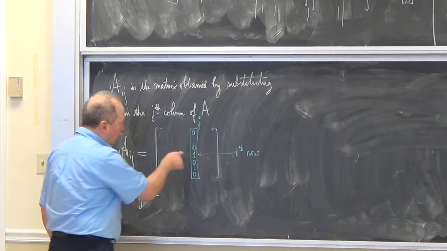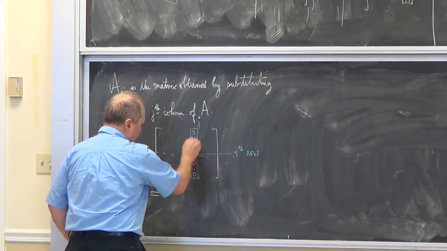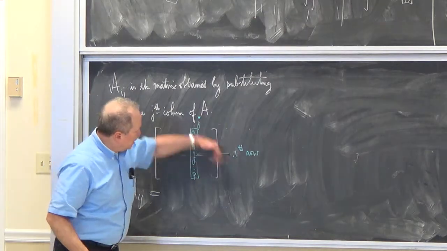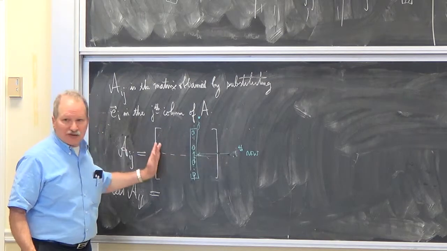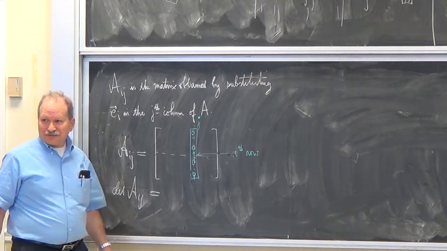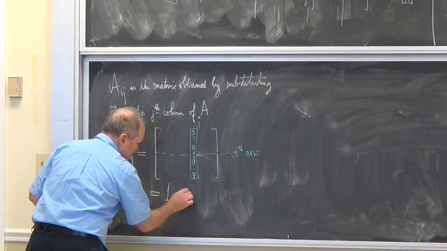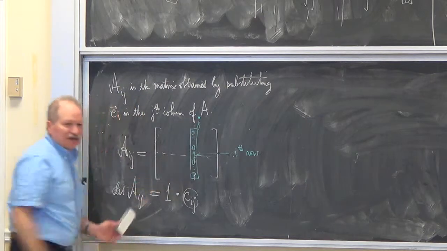So I get one entry times its cofactor. I cross out this row, I cross out this column of this matrix. Well, what's left when I do that? It's 1 times C_ij, but the C_ij is for this matrix, isn't it?